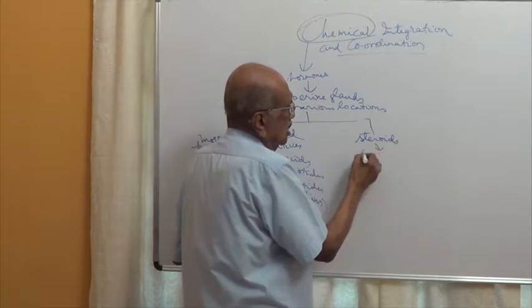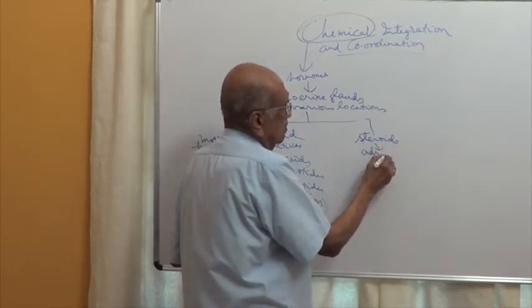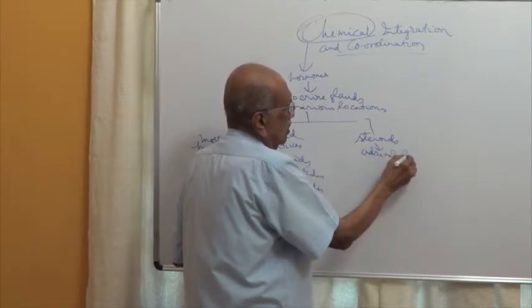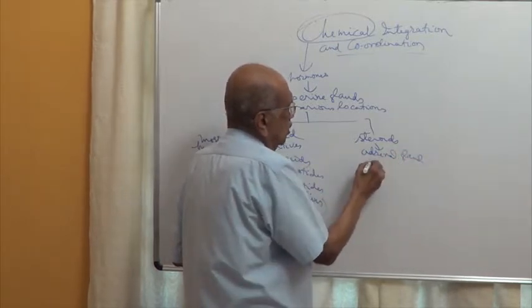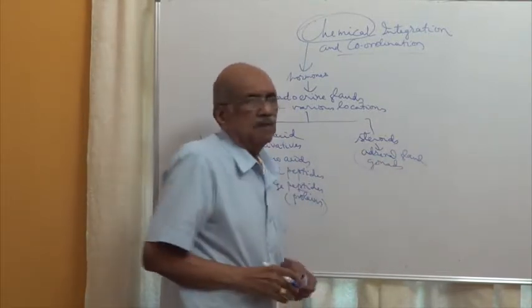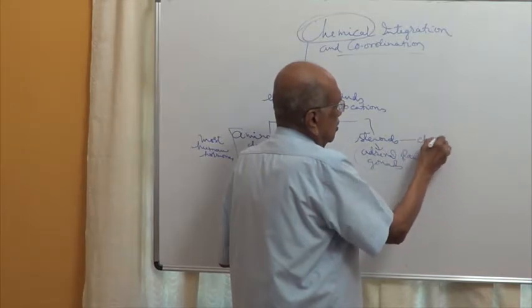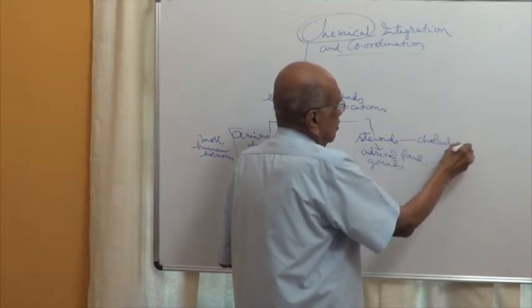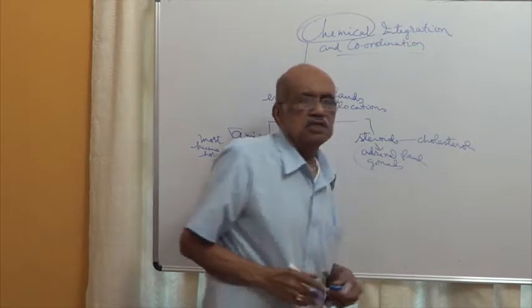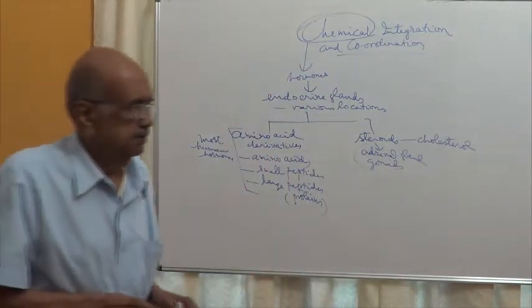Steroid hormones are produced by the adrenal gland and gonads. Steroid hormones are made from cholesterol, which is the starting substance for making steroid hormones.